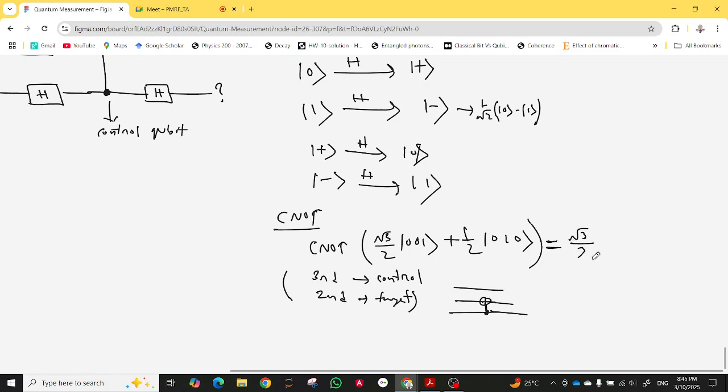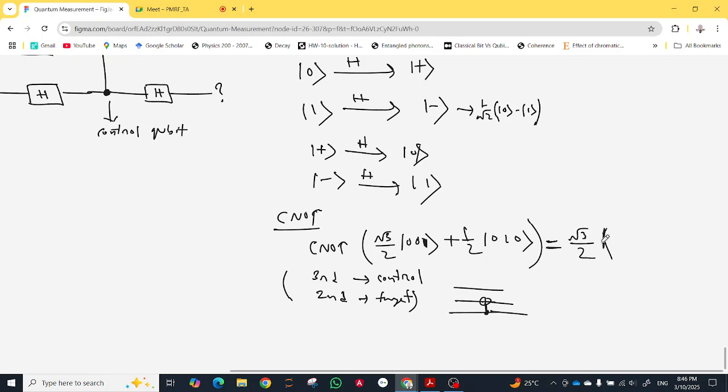First term will be root 3 by 2. Third is the control, right? So here third is control. Control is 1 here, right? If control is 1, then the target will change its state, right? Target is second, so 0 will become 1.